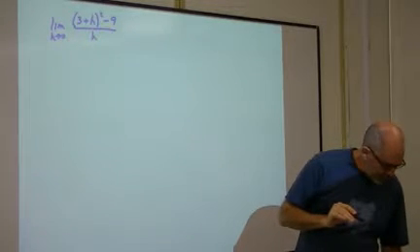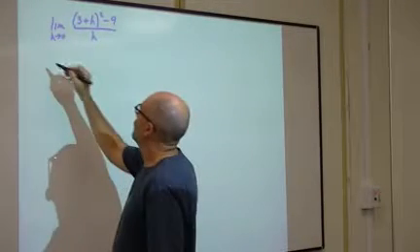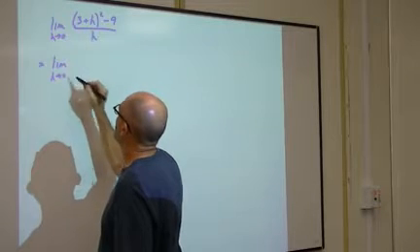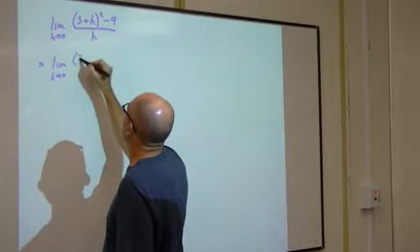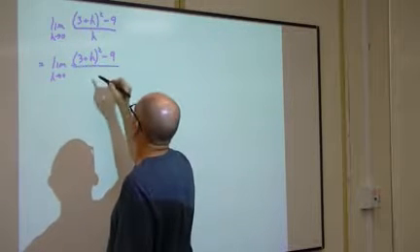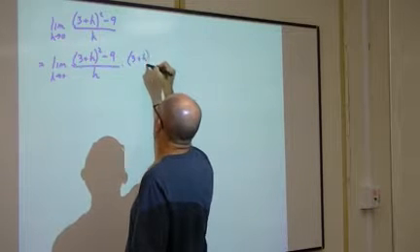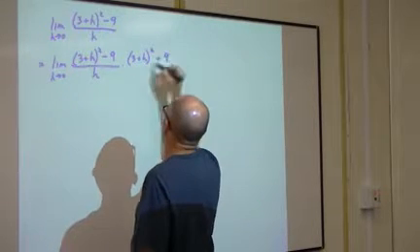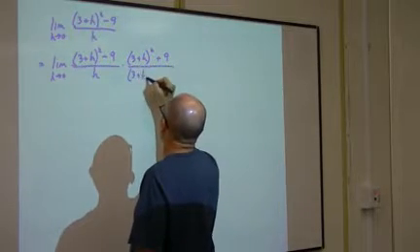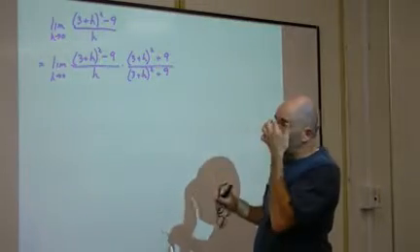Okay, so what we do is we multiply by the conjugate. So this equals the limit as h approaches 0 of... See, here's the point.